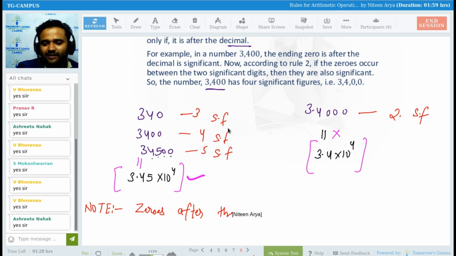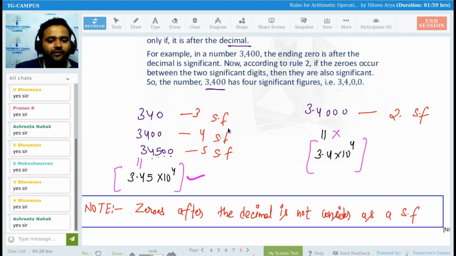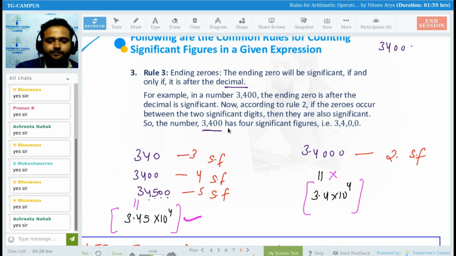Zeros after the decimal are not considered as a significant figure. Okay, keep this in your mind. Clear now, everyone? Clear, beta? Good.